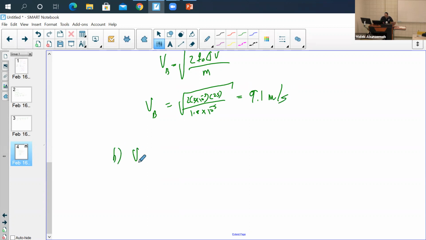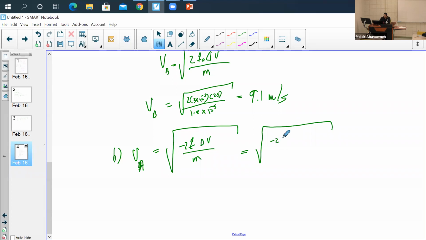For part B, right now we want to find the velocity at A. If we do the same calculations, we should get the square root of negative 2 q delta V divided by m, which is negative 2 multiplied by 3 times 10^-5 multiplied by 25, actually it'd be negative 3, divided by your mass, which is 1.8 times 10^-5.